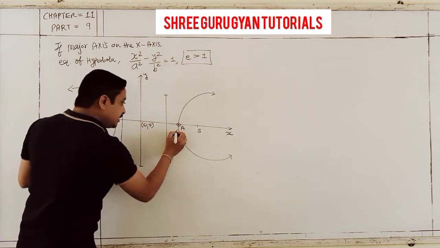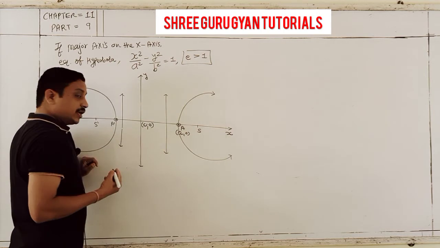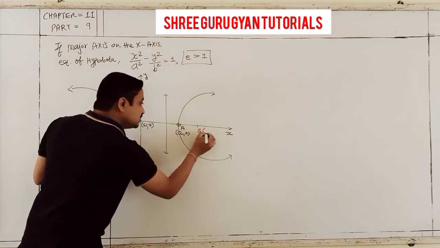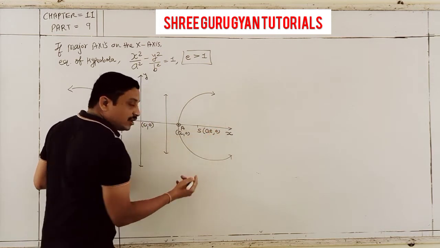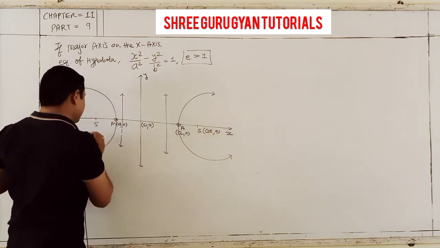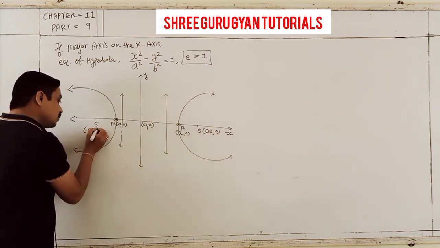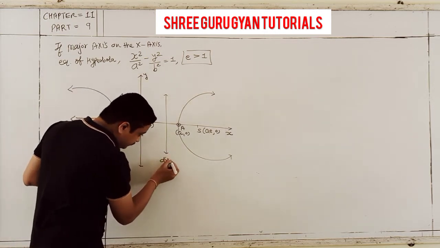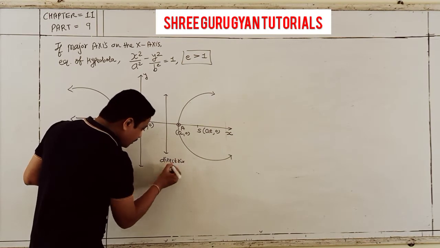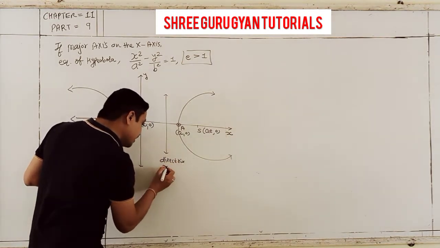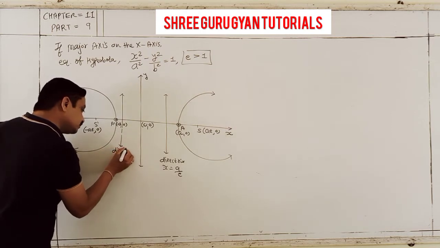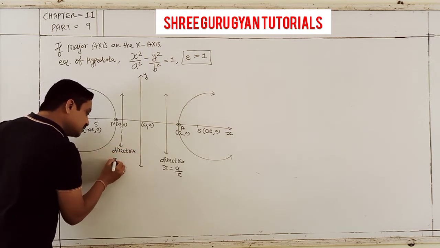The coordinate of A is (a, 0), A dash is (minus a, 0), and the focus is (ae, 0) and (minus ae, 0), and the directrix is x is equal to a by e. Similarly, students, here the directrix is x is equal to minus a by e.